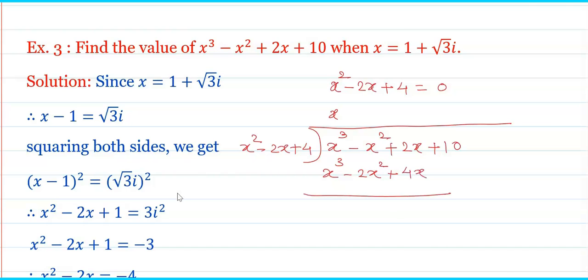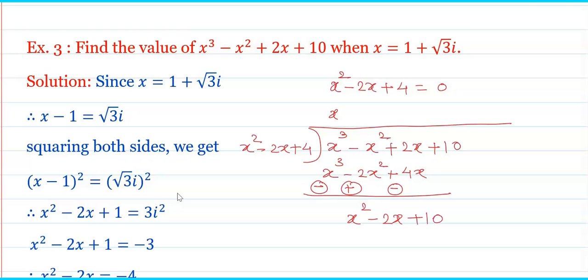Okay, then we change the signs, minus, plus, again minus. x cube minus x cube gets cancelled. Minus x square plus 2x square gives x square. Plus 2x minus 4x gives minus 2x plus 10.